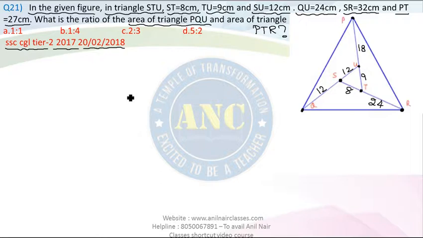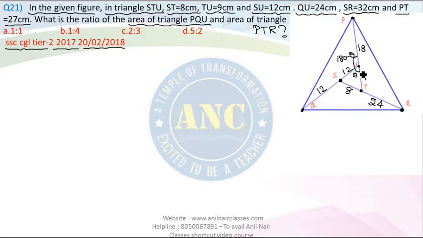Now in that case, I again used a representation saying that sin theta and sin of 180 minus theta, they both are absolutely the same. I hope you remember that logic I used there. That means I will take this angle SUT as angle theta. If I take SUT as angle theta, then angle QUP will be 180 minus theta, because the total sum on a straight line should be 180.